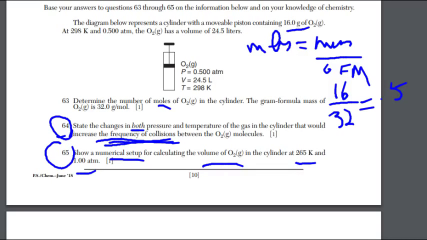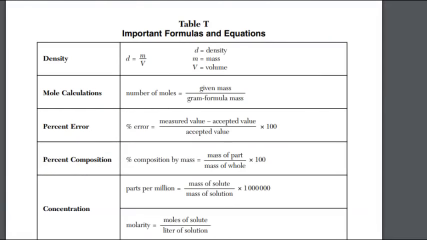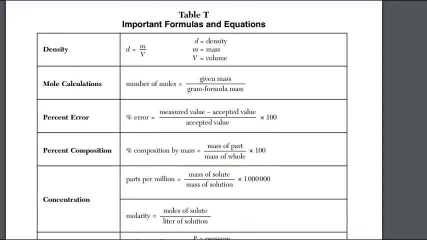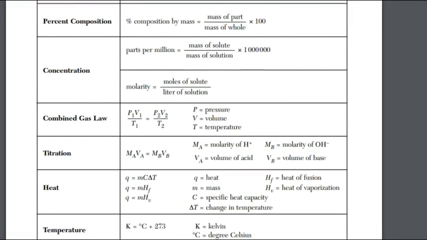It's on reference table T. Let's go find it. Let's plug in the numbers and go on to part C. Reference table T. I'm going down my list and there it is, the combined gas law, right? I have initial conditions for pressure, volume, and temp, and then final conditions. That's what I need back at the question.